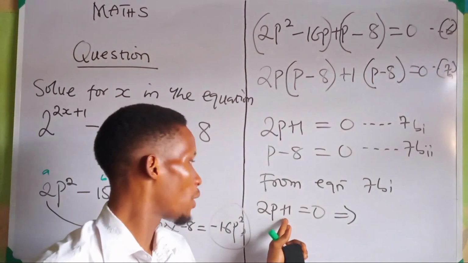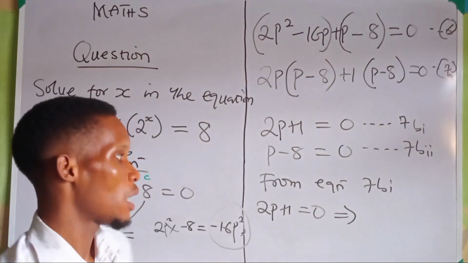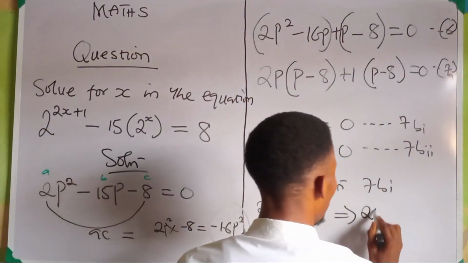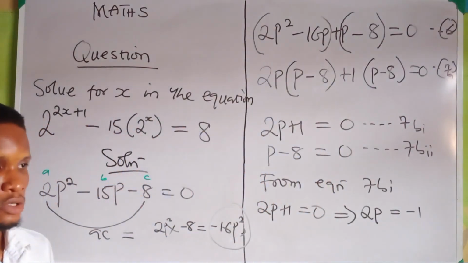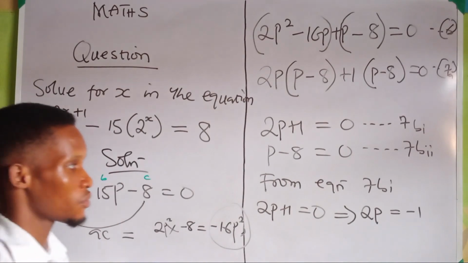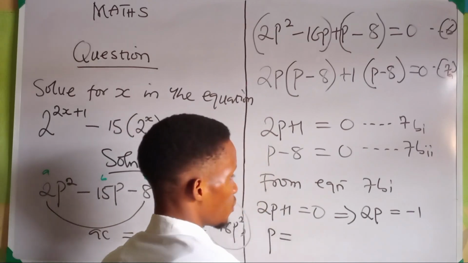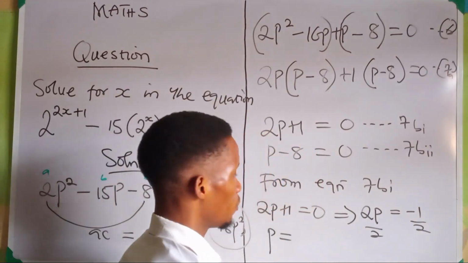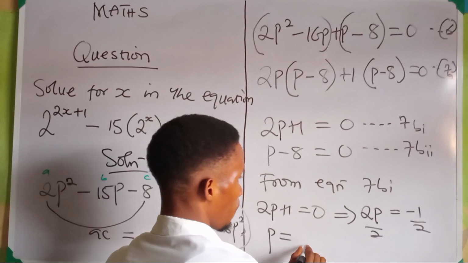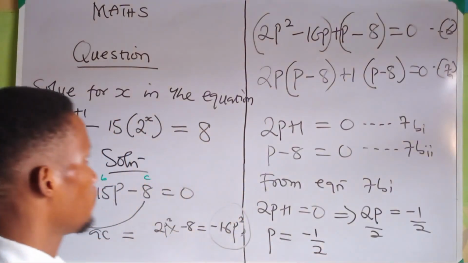We're going to take plus 1 to the other side of the equation, and we'll have 2p is equal to what? Minus 1. That is, when it crosses the sign of equality, it becomes minus. And if we do that, we're going to have p is equal to, because we divide both sides by the coefficient of p, minus 1 all over 2 as the value of p.